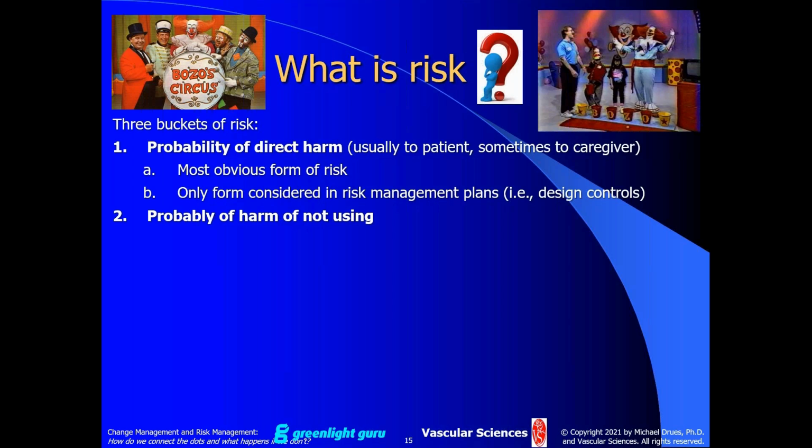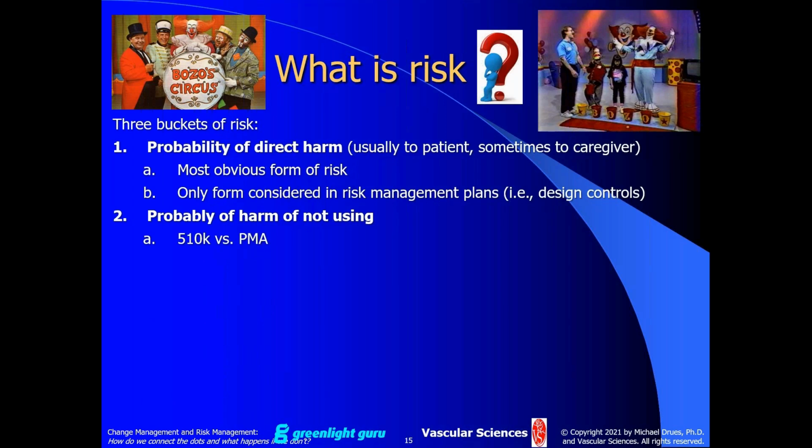Bucket number 2 is what I call the probability of harm of not using what FDA calls alternative practices and procedures. We're using different words, but we mean exactly the same thing. Probability of harm of not using means what is the possibility of harm to the patient if they don't use our medical device.